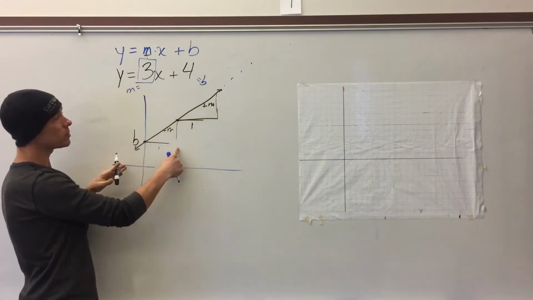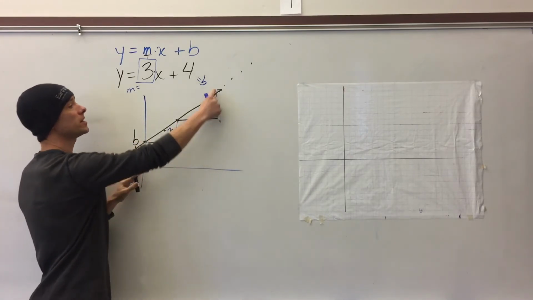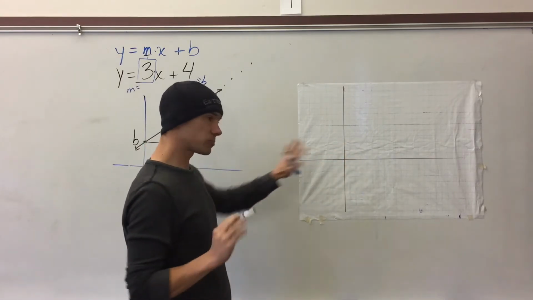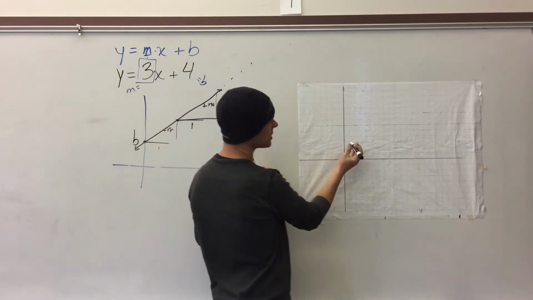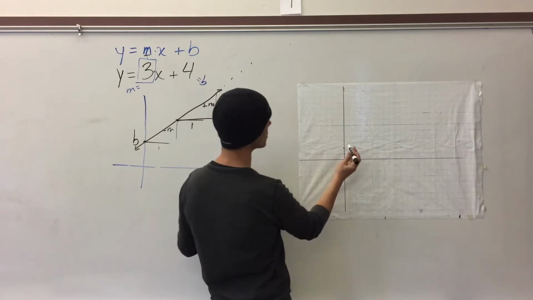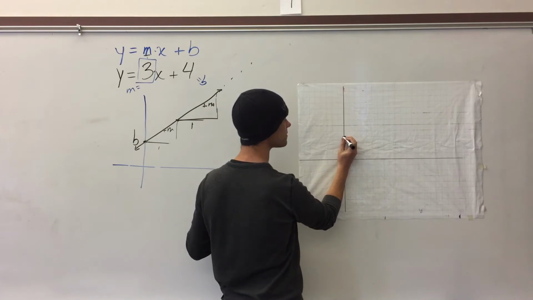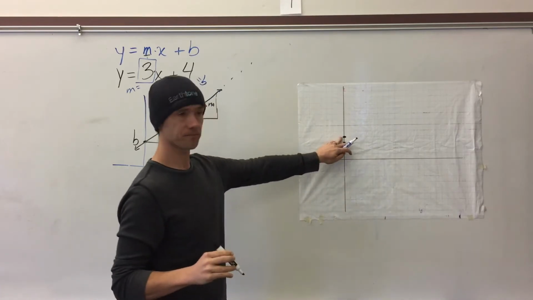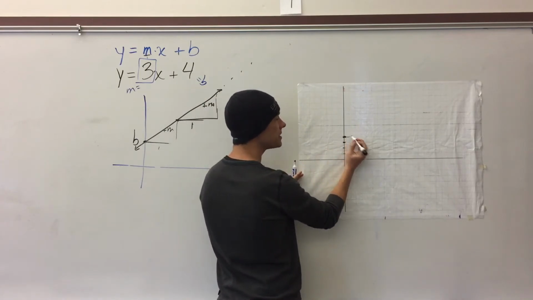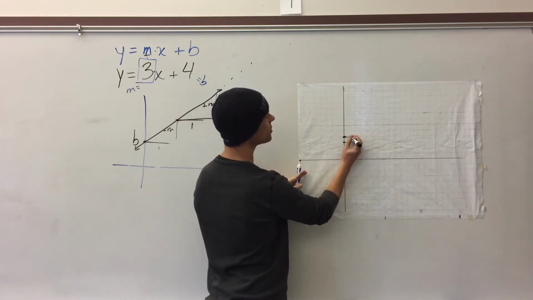We're going to go over 1 and up 3, over 1 and up 3. I know this probably isn't super easy for you to see here, but we're going to go up to 4. That's there's 4. Now I'm going to go over 1, and every time I go over 1, I have to go up 3.